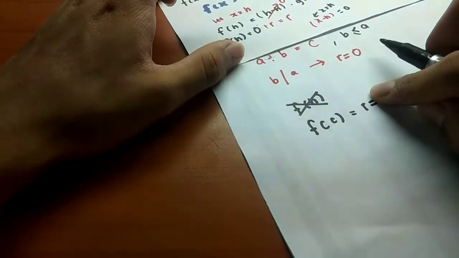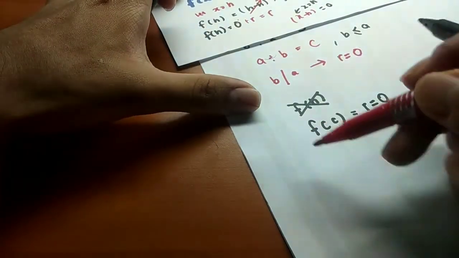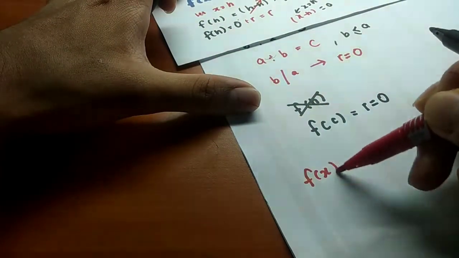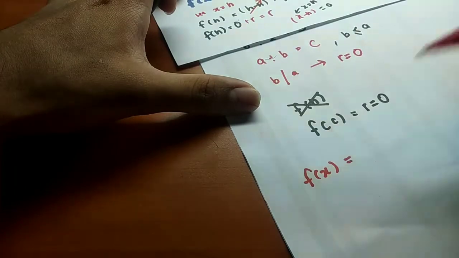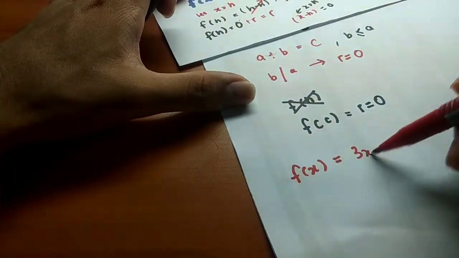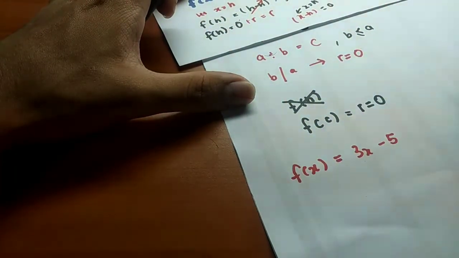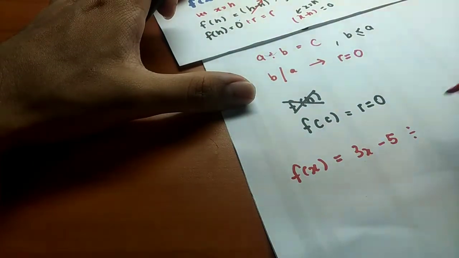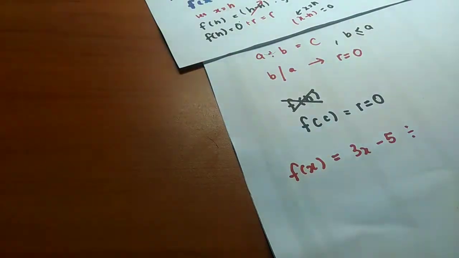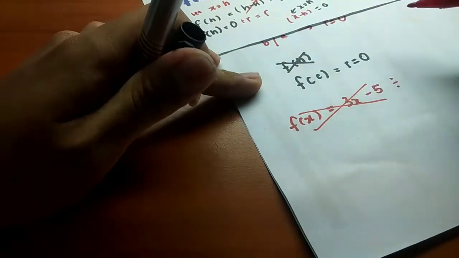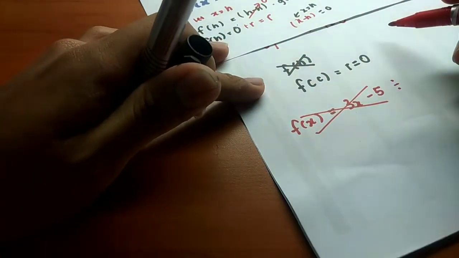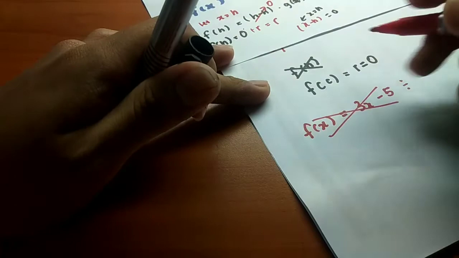For example, if we have a simple question, f of x equivalent to 3x minus 5, and you need to verify whether or not it can divide the expression. Sorry, I don't think this would work, so let me use the higher degree of power as an example, but still you can understand.